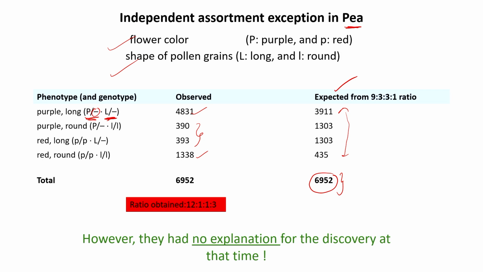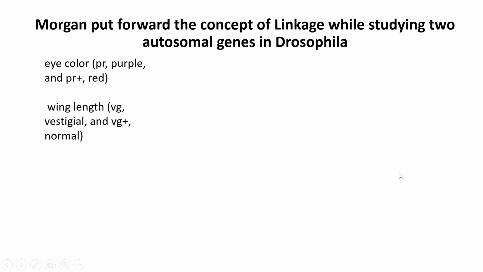So, they did observe this, but they did not explain what could be the reason for this exception. The observation that things deviate from Mendel's law of independent assortment was discovered, but the mechanism was not discovered.